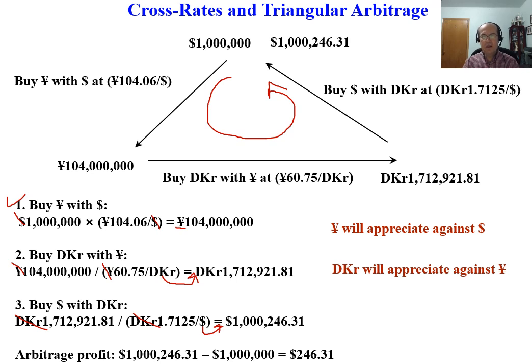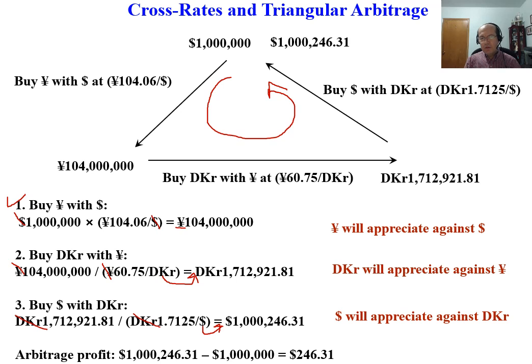And with the last part of the trading, when we buy dollars with Danish krona, we increase demand for dollars. So as a result, dollars will appreciate against Danish krona because we increase demand for dollars and we increase supply of Danish kronas. So this will be the impact on the exchange rate.